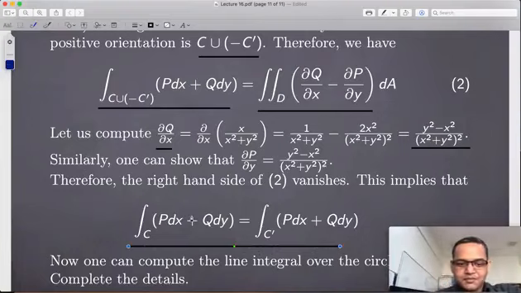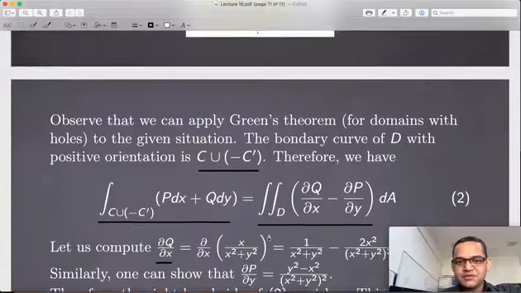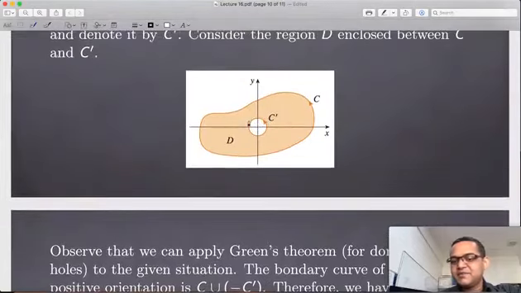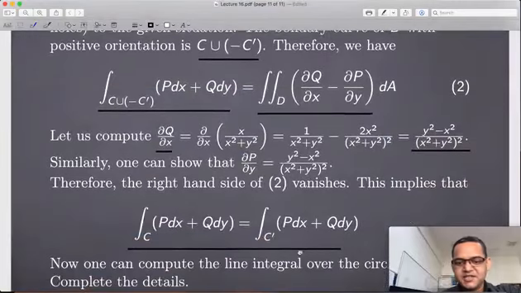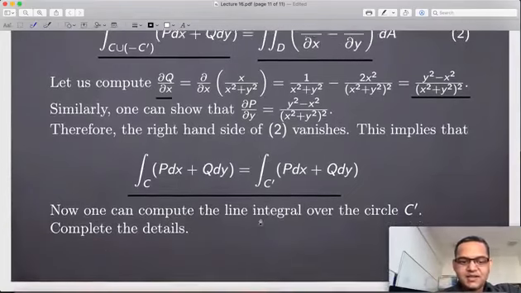So the line integral over a very arbitrary curve C has now been converted to a line integral over a circular curve, and now you can write down the parameterization. A problem which was not concrete enough has been converted into a problem over a very nice curve, whose parameterization you can write down and then compute the line integral. So you compute the line integral and get the answer.